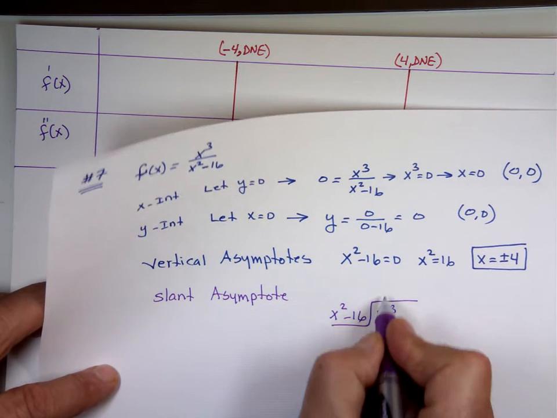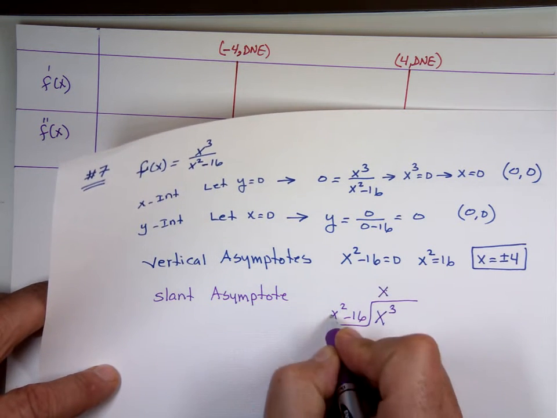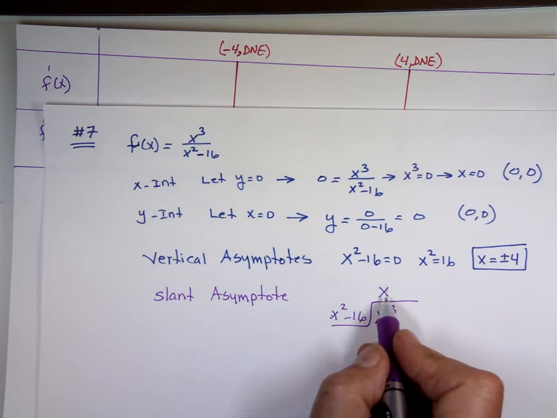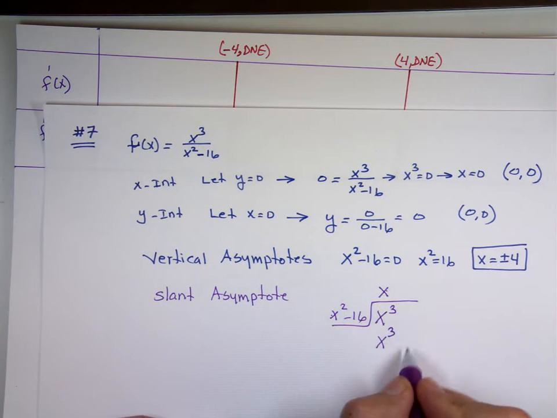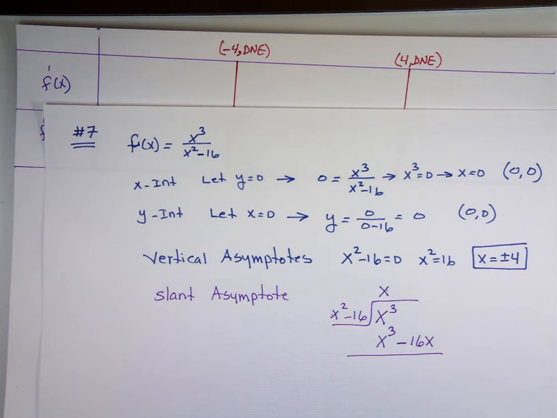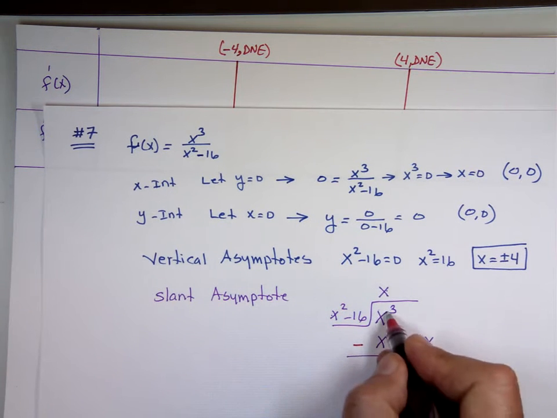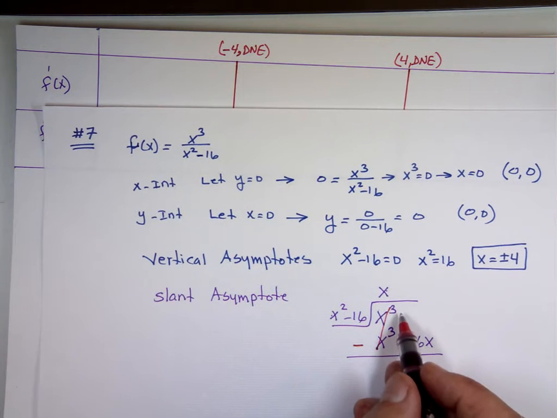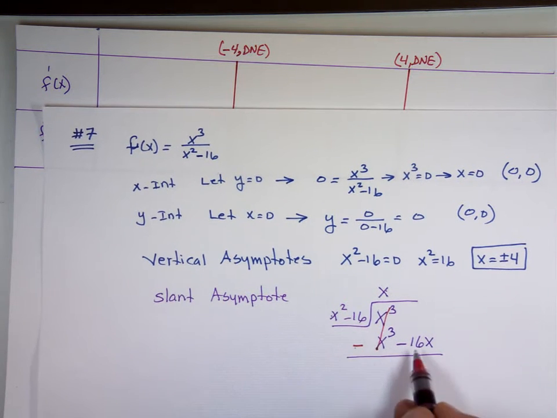X. What's x times x squared? X cubed. What's x times a -16? -16x. Just like numbers, you want to subtract this from that. What is x cubed minus x cubed? Gone. What is nothing minus a minus 16x? Positive 16x.